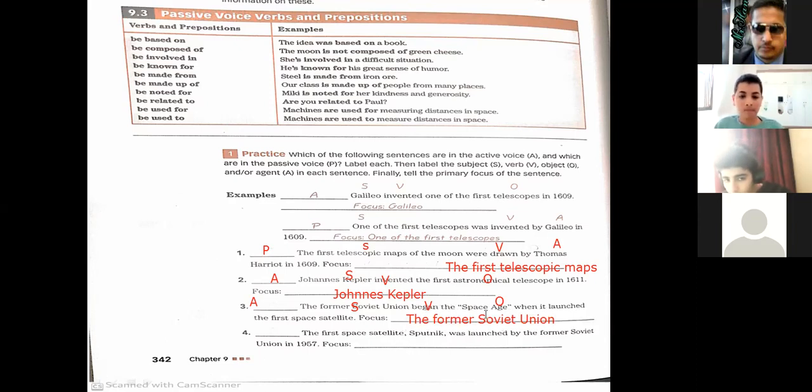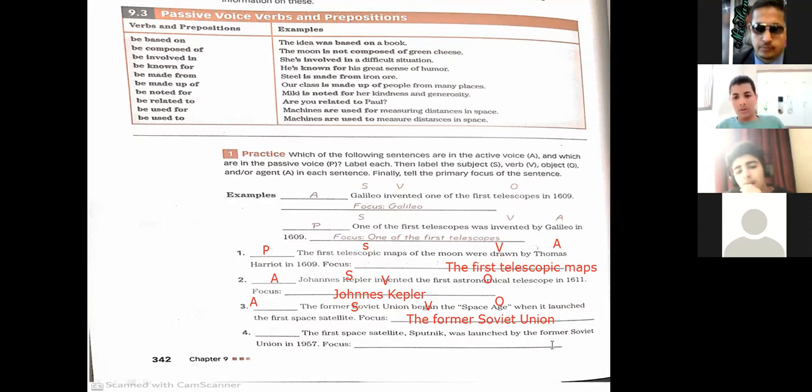Yes, thanks, Akram. Muhammad Hatem. The first space satellite Sputnik was launched by the former Soviet Union in 1957. Is this sentence active or passive? Active. Read the sentence well. It says here: by the former Soviet Union.